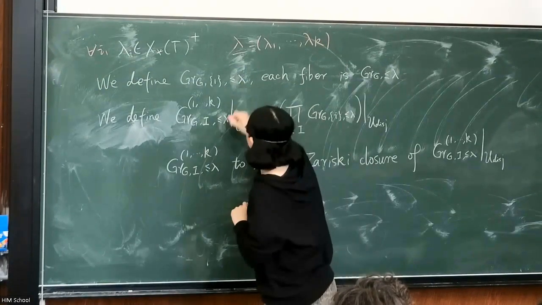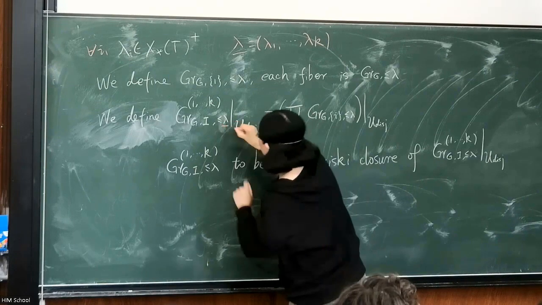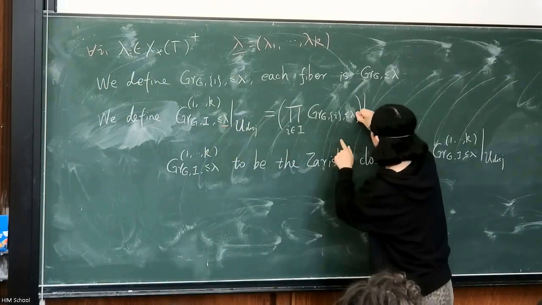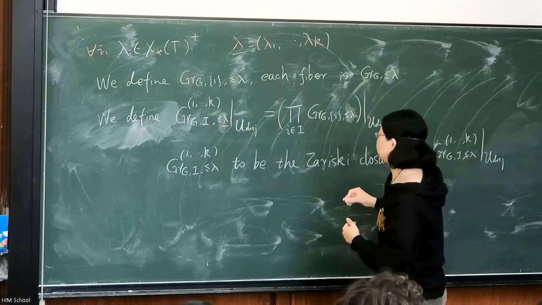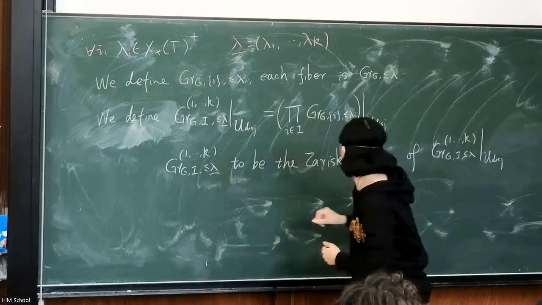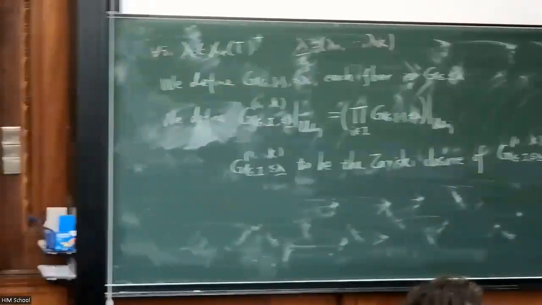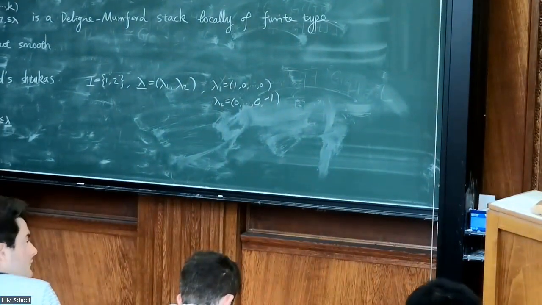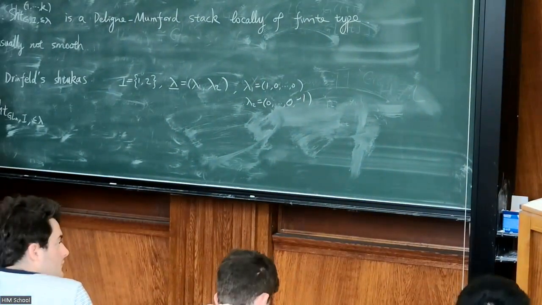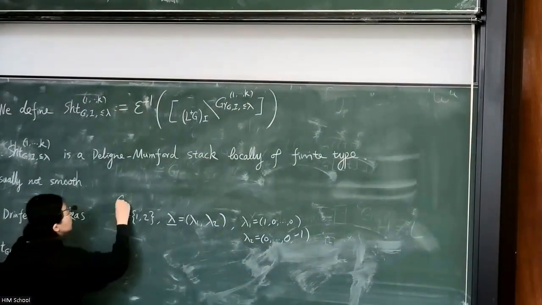And yes, for this one, you can have different coweights for different legs. Yeah, G is GLn.